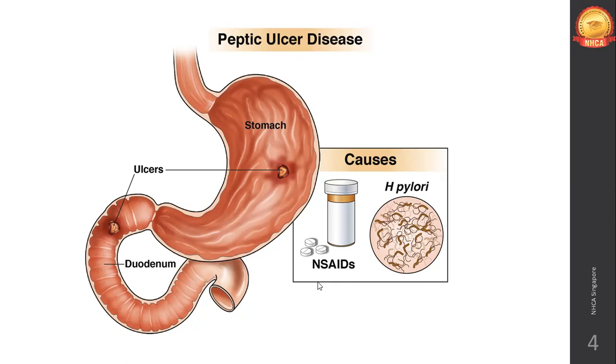NSAIDs stands for non-steroidal anti-inflammatory drugs. These are drugs taken, for example, aspirin. Long-term consumption of aspirin could lead to peptic ulcer. There are other anti-inflammatory drugs as well, so long-term consumption of those drugs could lead to peptic ulcer.